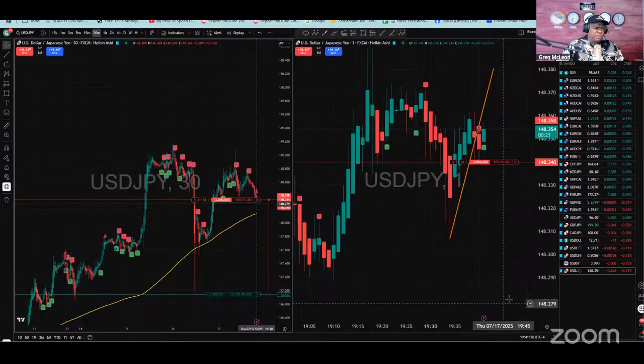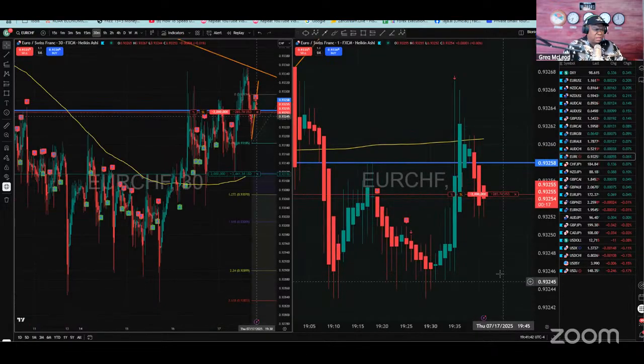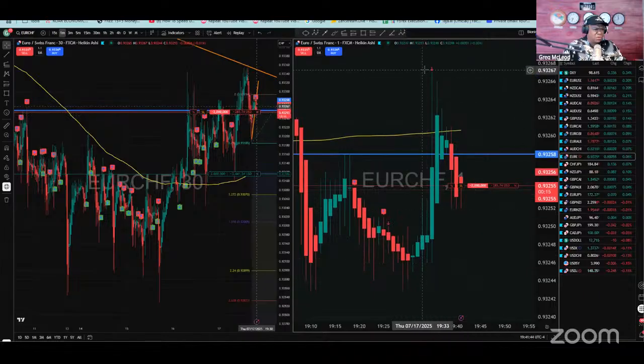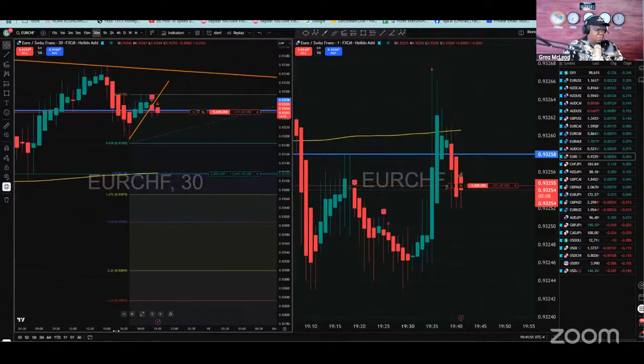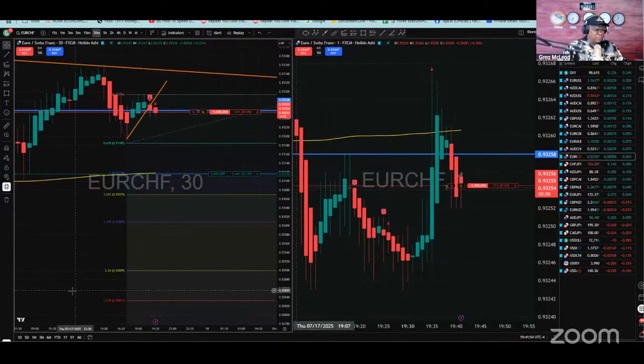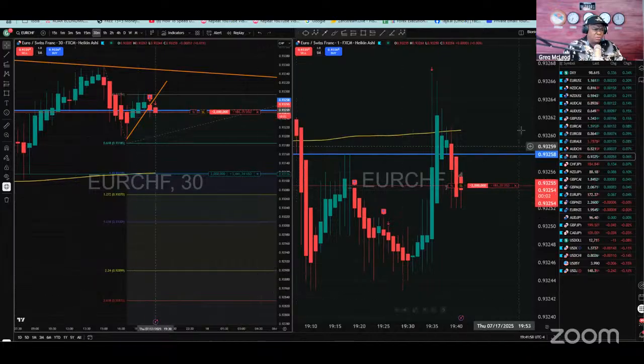I'm going to go back to our other currency. And so we did come back. We rallied up, and we're back down in line with that trend. Pretty slow.